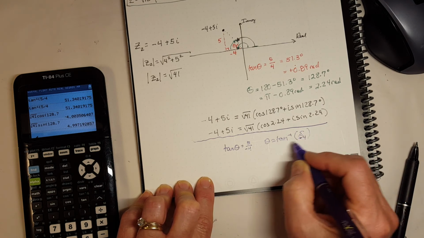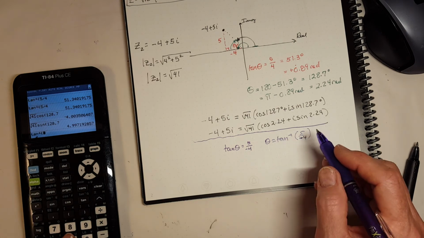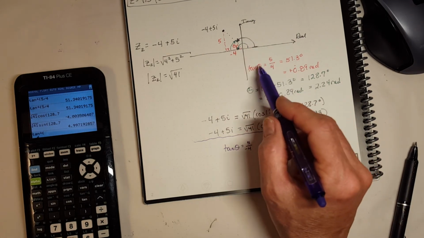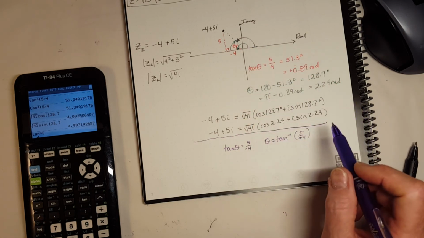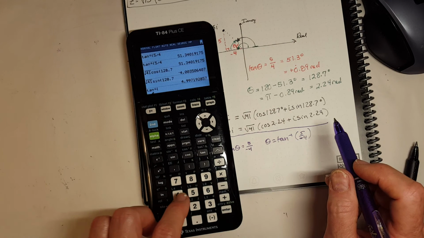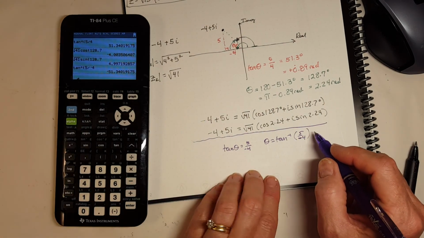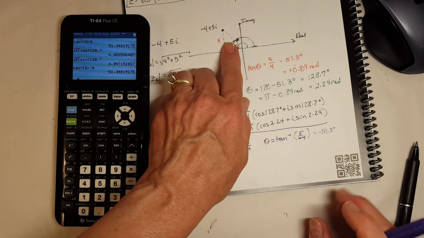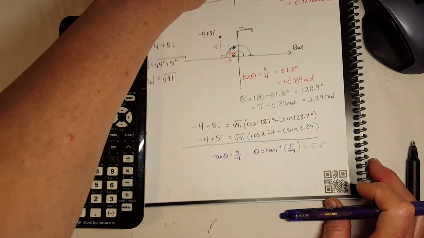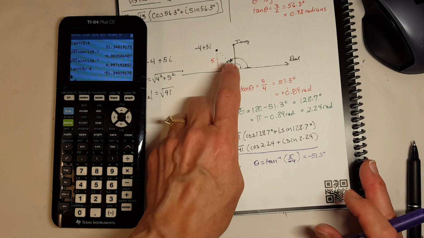Remember, tan inverse is only defined in quadrants 1 and 4, from -90 degrees to 90 degrees, or -pi/2 to pi/2. So if I do tan inverse of 5 divided by -4, I get -51.3. It doesn't see the angle being in the second quadrant. It doesn't see it up here.